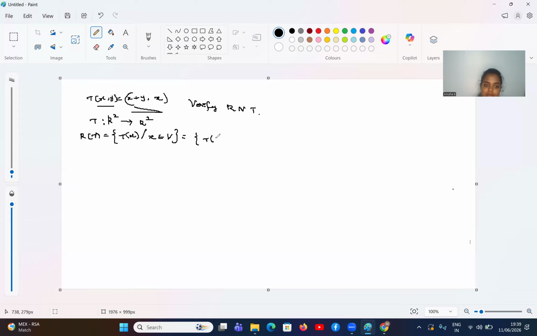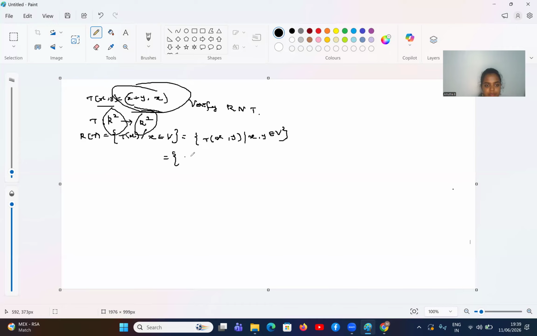So X is an element from V, which is nothing but R2. W is also R2. So instead of X, I am going to write an element of R2: X comma Y, such that X comma Y belongs to V. In the next step, I am going to write the map T of X comma Y. In this map, what have they given?